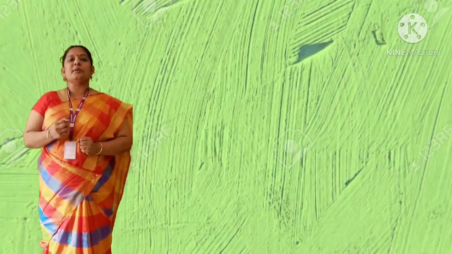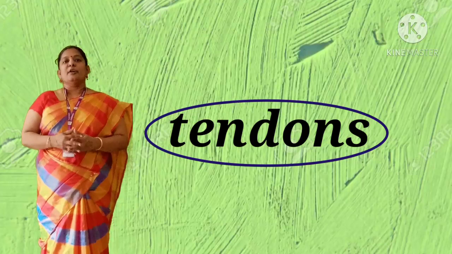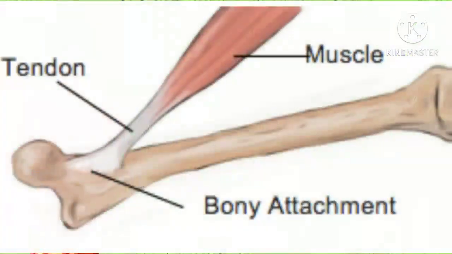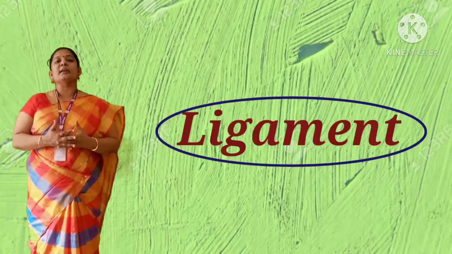Muscular movement would not be possible without tendons. Now you should know what is meant by tendons. They are fibrous cords of tissue that attach muscles to bones. It is a band of tissue. It attaches bone and muscles. And next you are going to see the important term ligament.